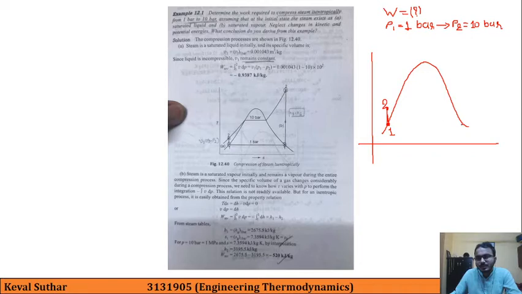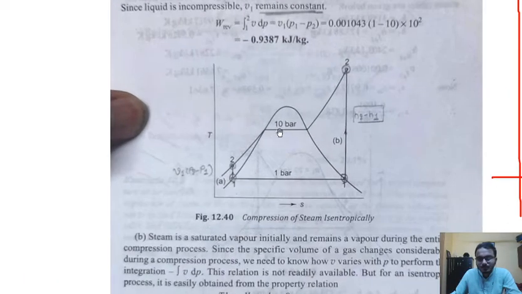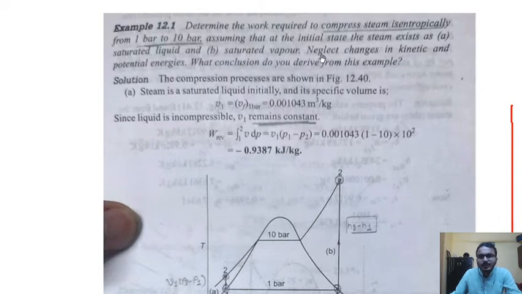And here the same point is there, that is point 1, and we are going like this, and the same is clearly visible over here also in this figure. So we need to go here. Neglect any kind of changes in kinetic and potential energies.